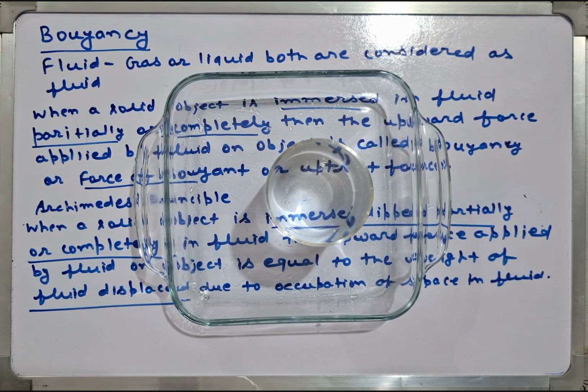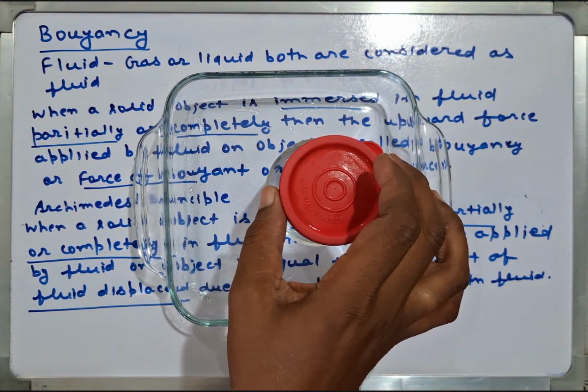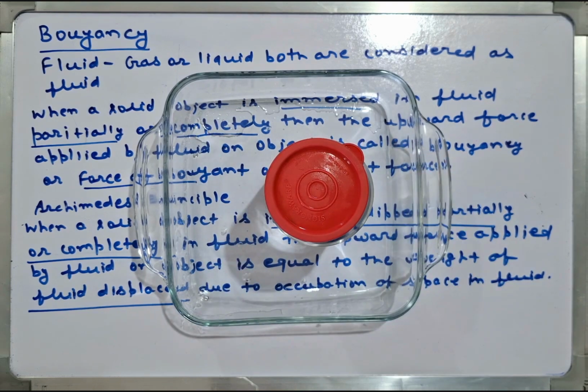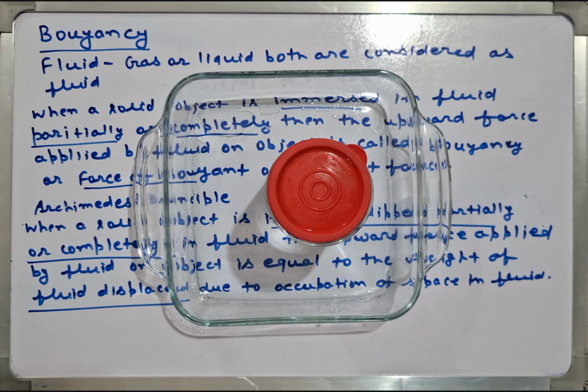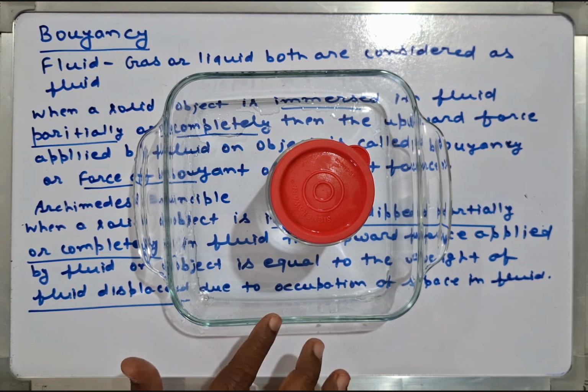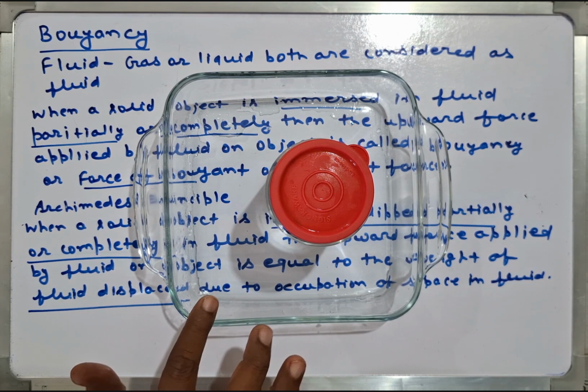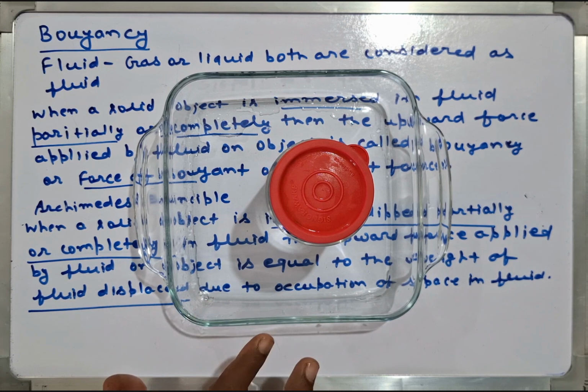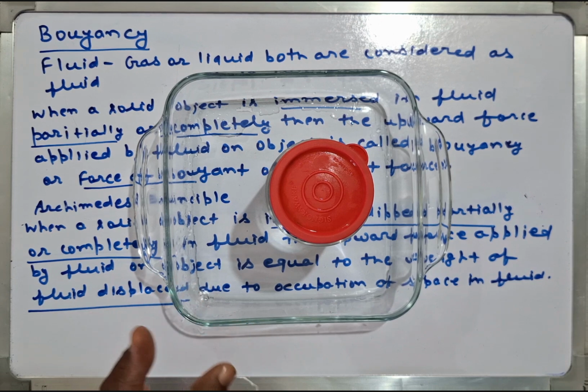Now when I put one object on the water surface, what happens? Notice, some water comes out from the glass. The amount of water that comes out from this glass is known as displaced water. How much water comes out? The volume of the container partially immersed in this liquid.